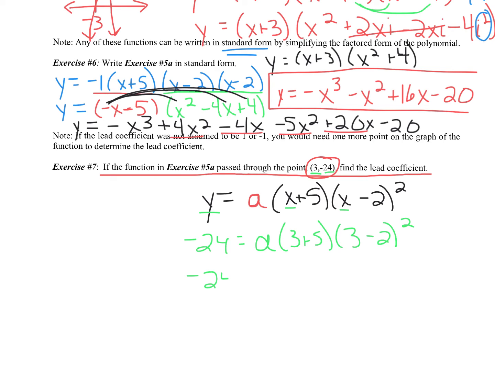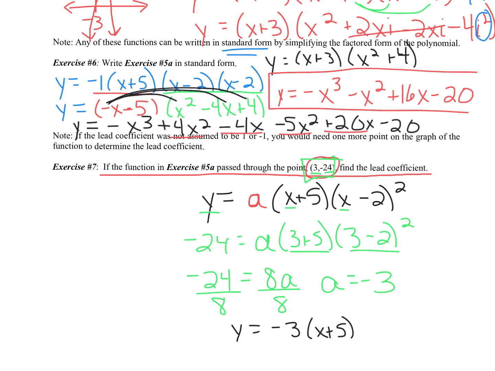So we have negative 24 equals, this is 8 times 1 squared, so that's going to be an 8a. Divide by 8. And if that's a point on the graph, the lead coefficient would be negative 3. So here, my equation would be negative 3 times x plus 5 times x minus 2 squared.